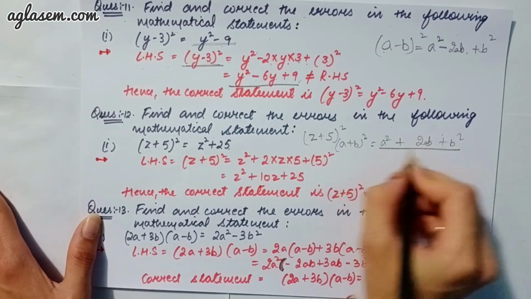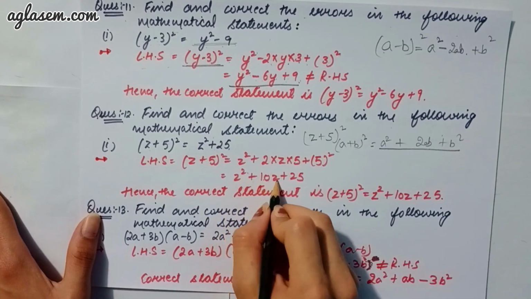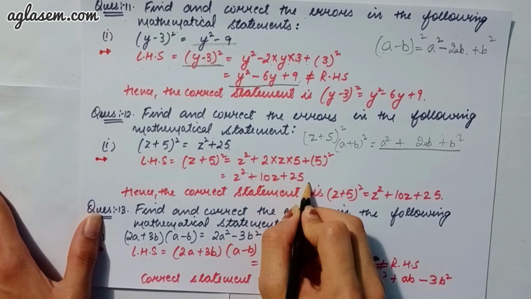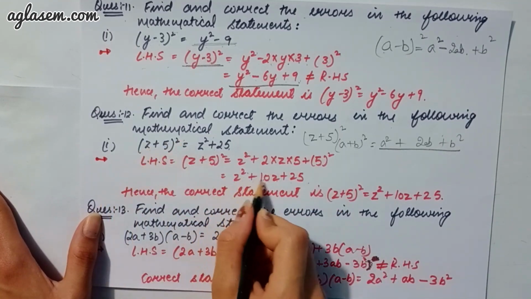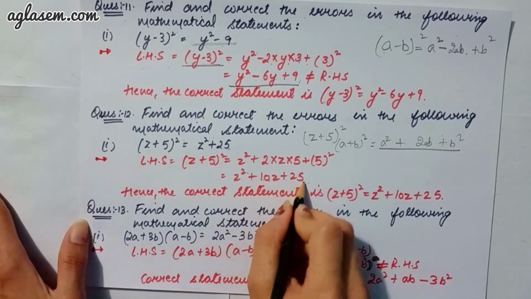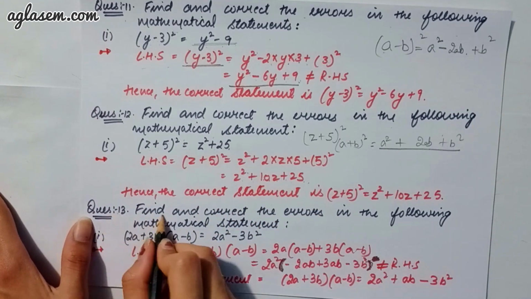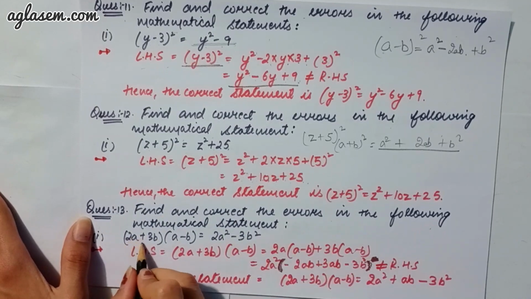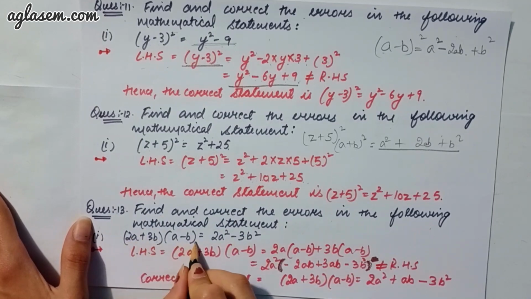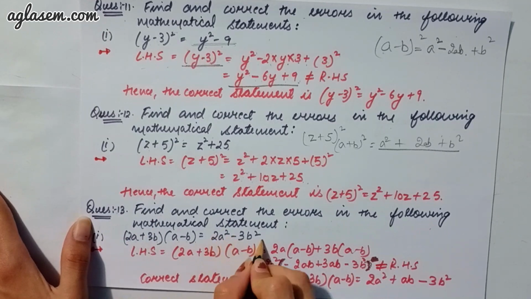By applying this formula, we get z² + 10z + 25. So the correct statement is (z + 5)² = z² + 10z + 25. Moving to our 13th question, which says find and correct the errors in the following mathematical statement, which says (2a + 3b)(a - b) = 2a² - 3b².